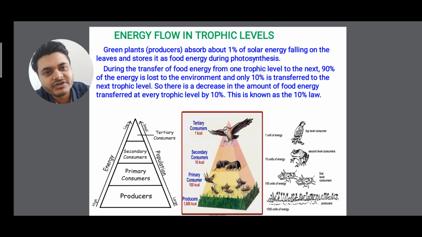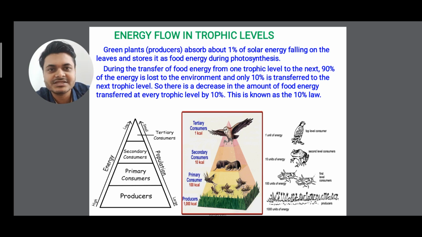And what is a trophic level? Each successive stage is called a trophic level. At each level, 10% of energy is decreased. Clear? You can see a pyramid given here: producers, followed by primary consumers, then secondary consumers, then tertiary consumers. The producer absorbs 1% of the solar energy, which we consider 100%.